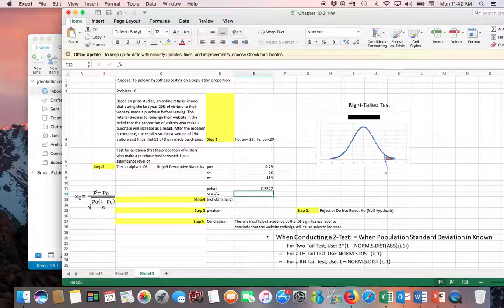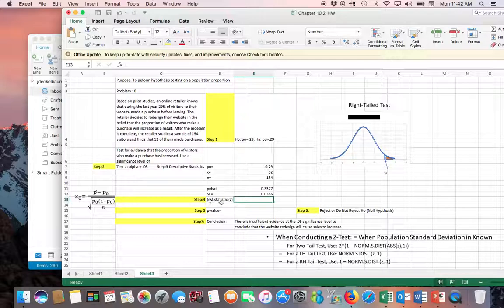Then we want to calculate the standard error, which is this denominator term right here, equal to p0 times (1 minus p0) divided by the sample size, raised to the half power because it's a square root. Our standard error is 0.0366.